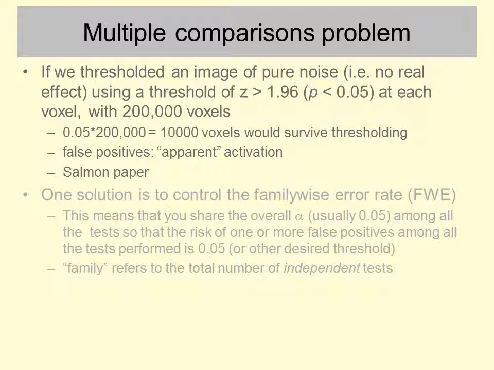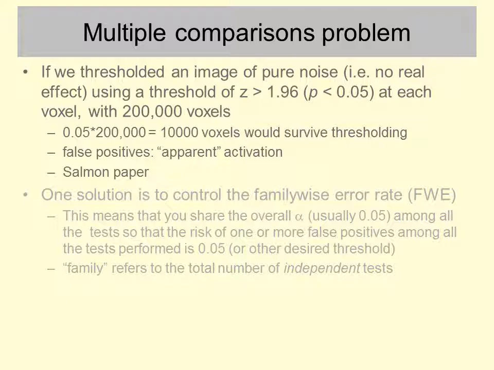Then if we have 200,000 voxels, we will get 0.05 multiplied by 200,000 equals 10,000 false positive voxels surviving thresholding. Those false positives might therefore be mistaken for activation of interest in a contrast.